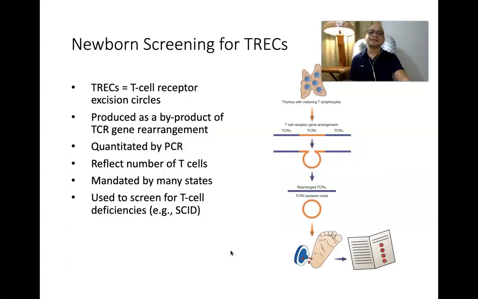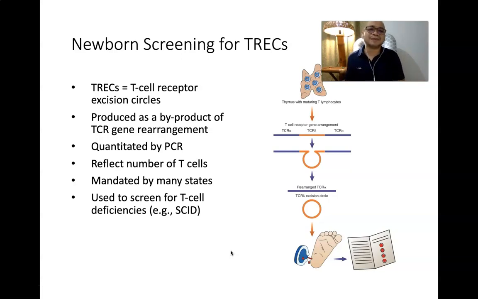So newborn screening is very important. Okay, why? Because you want to determine whether the child has this particular type of immunodeficiency as early as possible, so that you'll be able to mitigate its presence if the child has an immunodeficiency disorder.